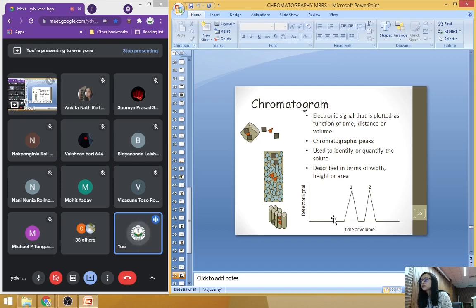They are described in terms of width, height, or area. These chromatographic peaks are for different sample components. One is for one sample component, two is for another. So a chromatogram is nothing but an electronic signal plotted as a function of time, distance, or volume.